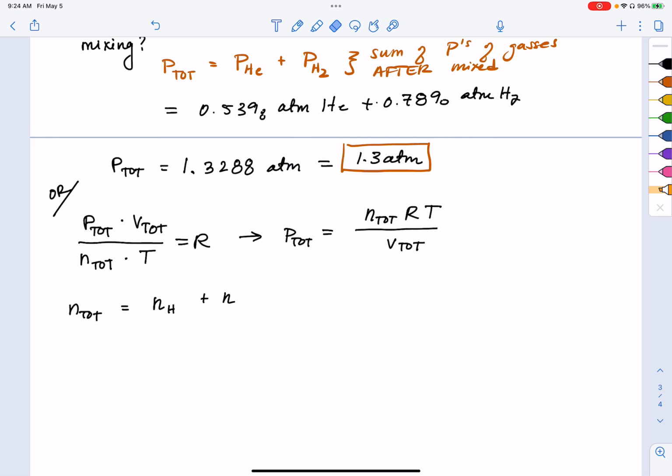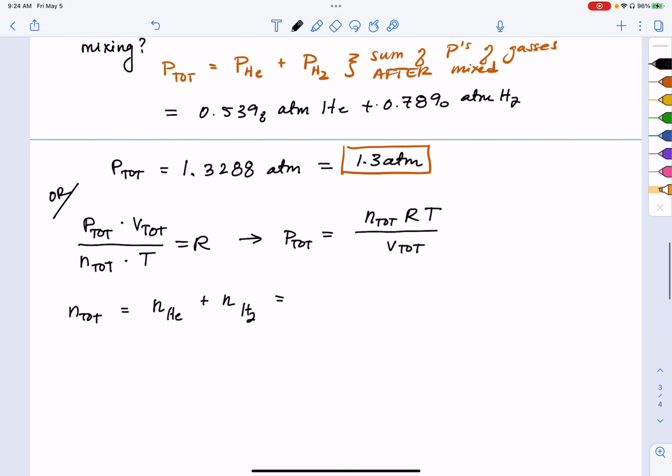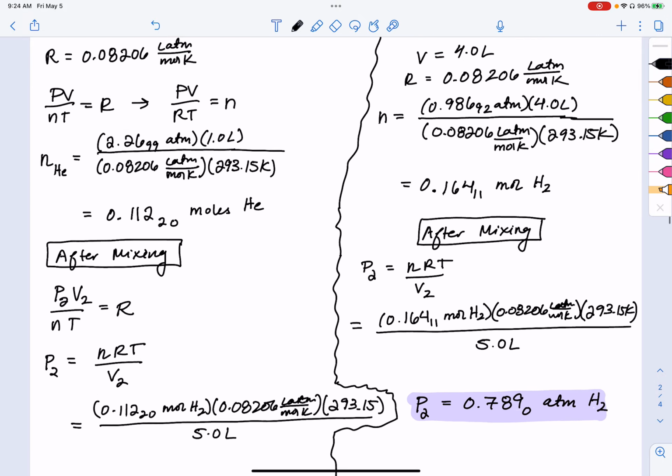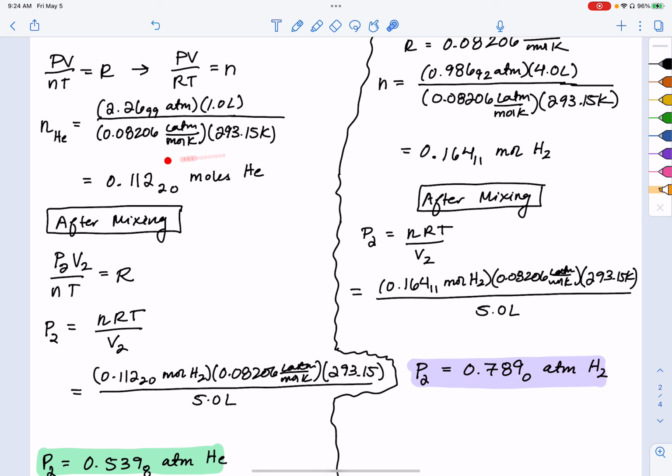And let's do helium and hydrogen just because I've done all my helium stuff on the left and hydrogen stuff on the right. So if I scroll back up through our work in part A, I have these mole quantities.